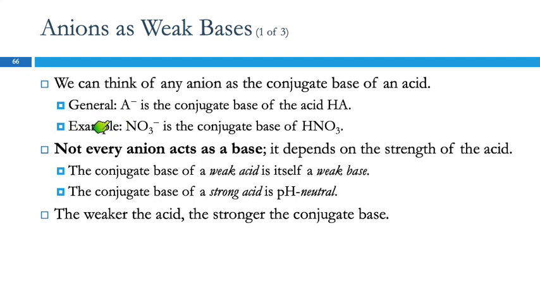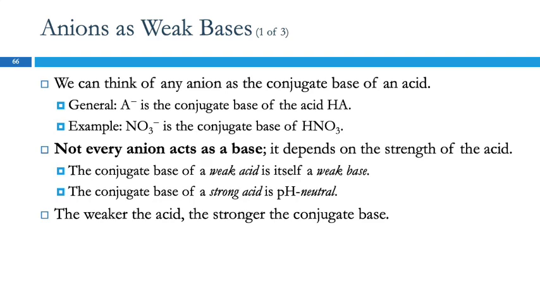So in general terms, we think of A- as being the conjugate base of the acid HA. The acid loses a proton, it becomes this anion. So a specific example would be nitrate ion. Nitrate ion is the conjugate base of nitric acid. Remember, conjugate acid-base pair differ by a proton, one hydrogen ion.